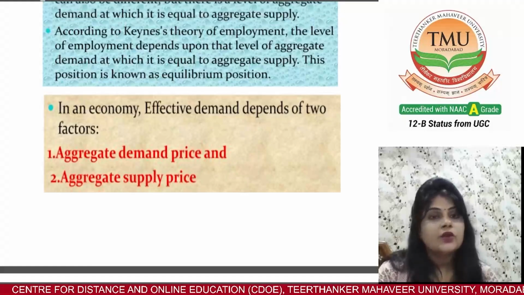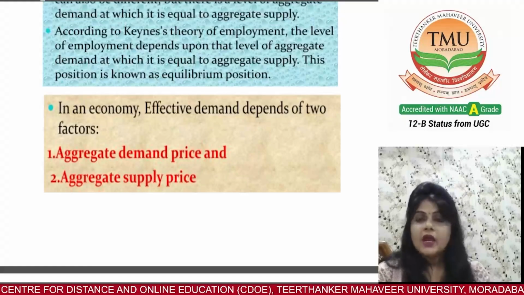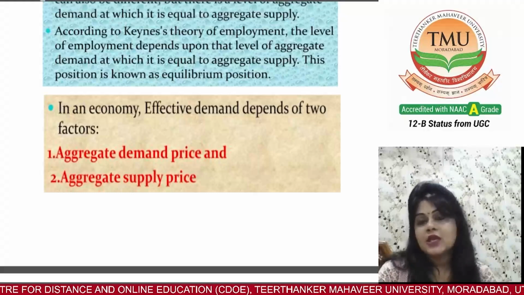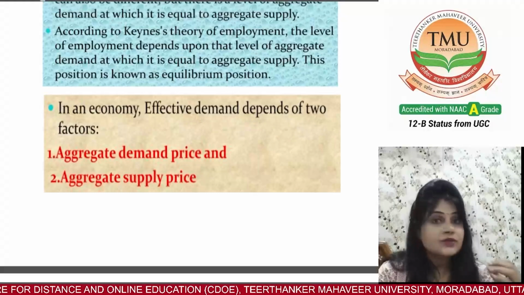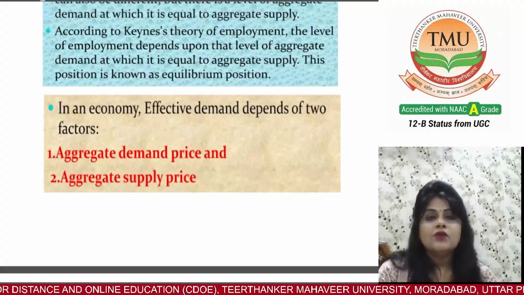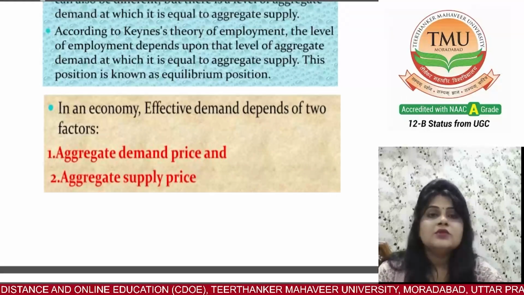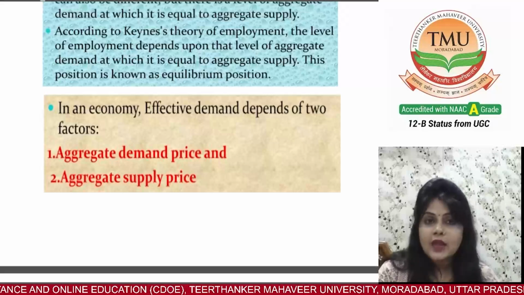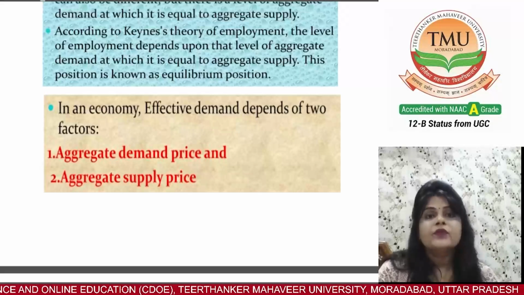He rejected the notion of full employment and instead suggested full employment as a special case. He also says that it is not a general case. Full employment is a temporary phenomenon. So he claims his theory to be general, applicable at any point of time.